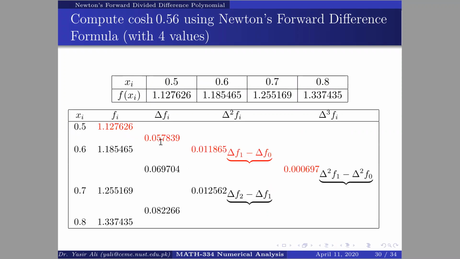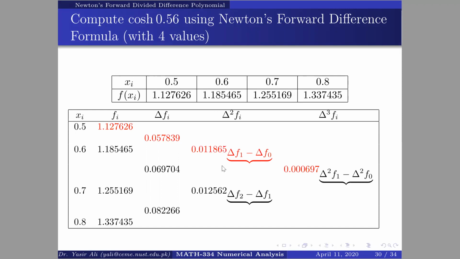So these are the results, and similarly I can calculate the next value, delta square f naught, with the help of the previous two values, delta square f1 with the help of the previous two values, and then delta cube f naught with the help of the column before the delta cube.